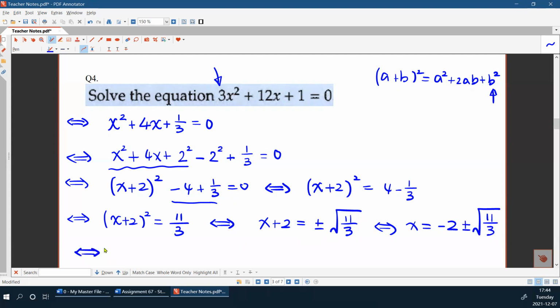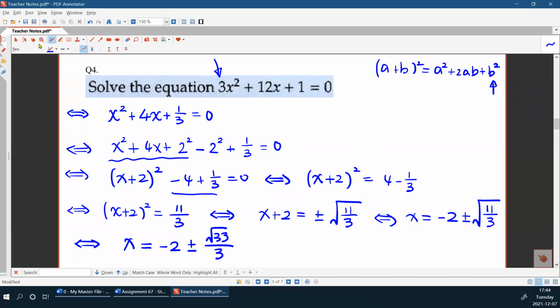And usually we'll need to rationalize the denominator. So x is negative 2 positive or negative square root of 33/3. Okay, please have a look at the solution here. Any questions? Please let me know, okay?